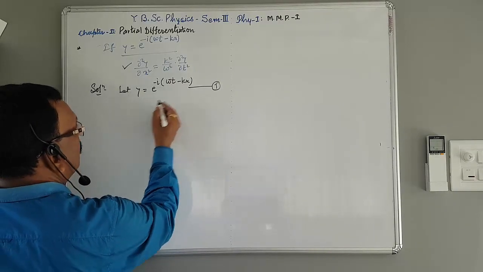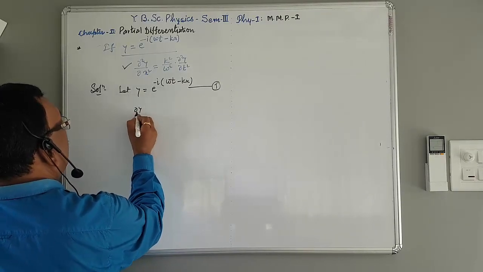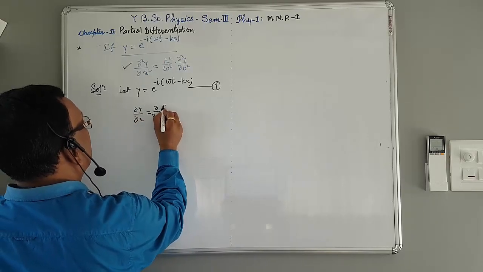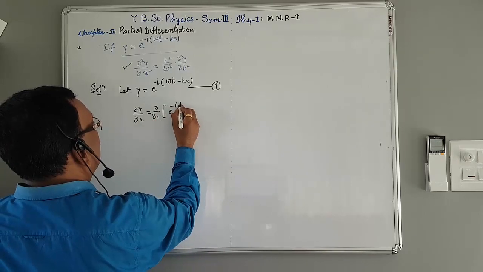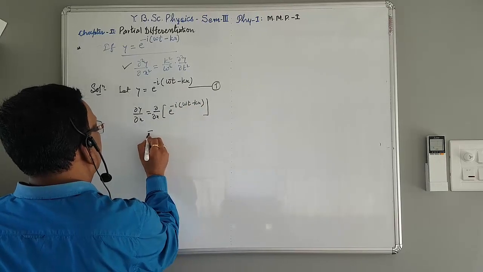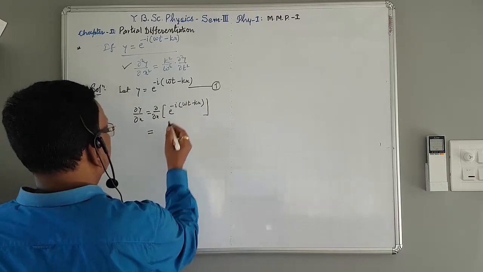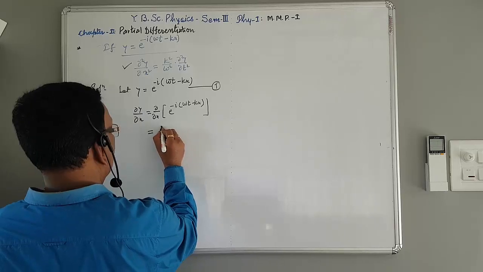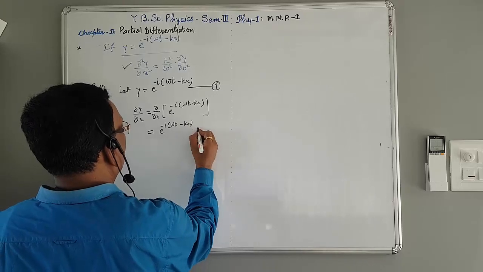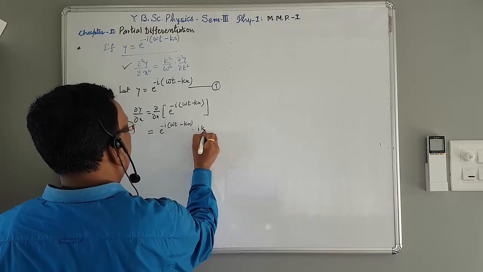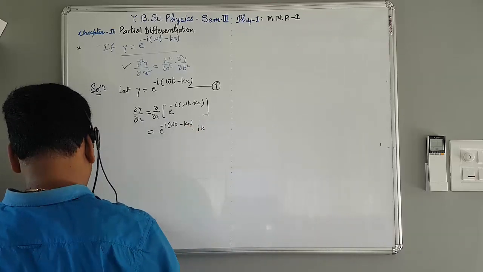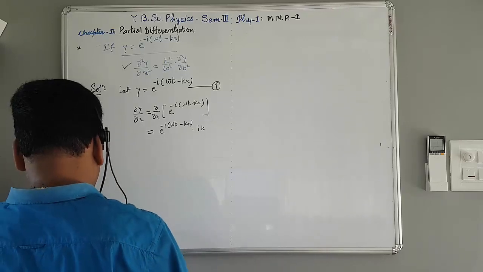Take the first order differentiation, that is ∂y/∂x is equal to ∂/∂x of e^(−(iωt − kx)). Solving this, we have e^(−(iωt − kx)) into ik.